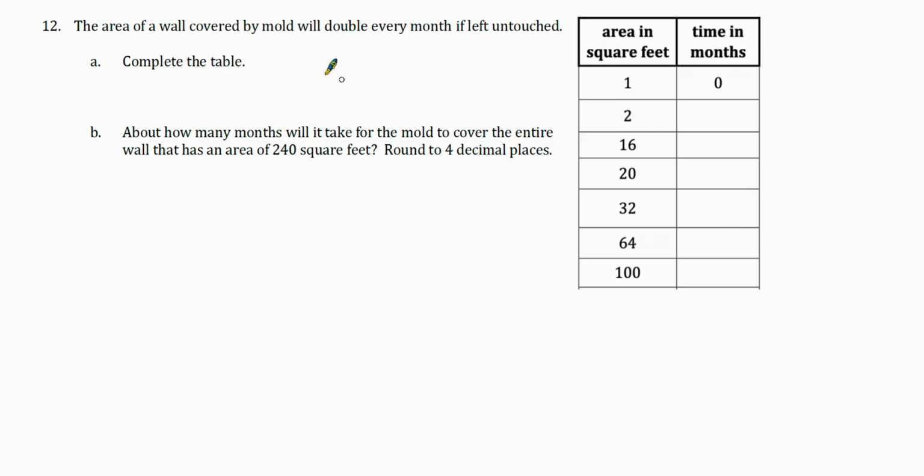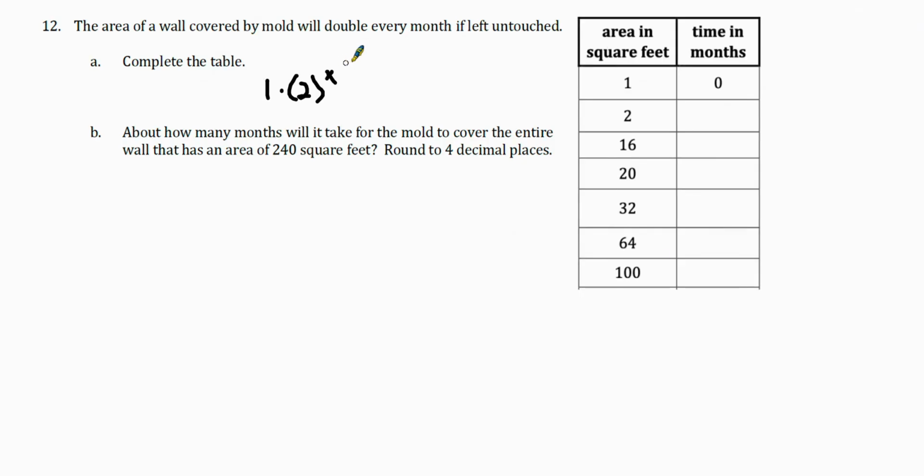On the last one, the area of a wall covered by mold will double every month if left untouched. So we need to complete the table with that in mind. So let's think about a function to model this situation, right? I know that if I'm doubling every month and we started with 1 square foot, well, our starting value of 1 times our growth factor of 2 to the x power, right?